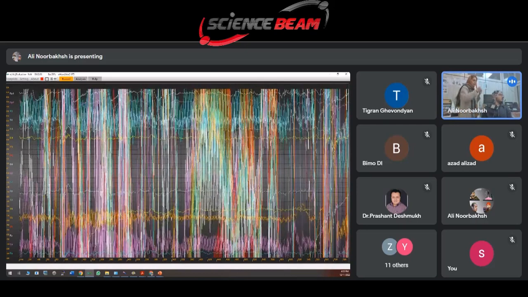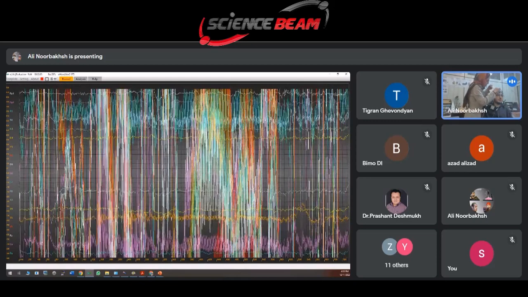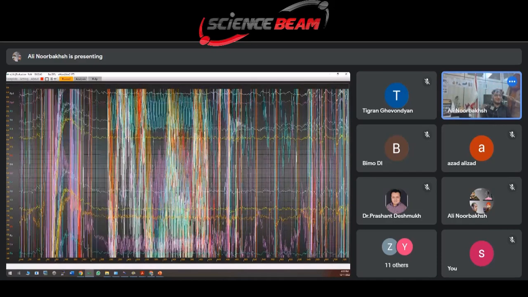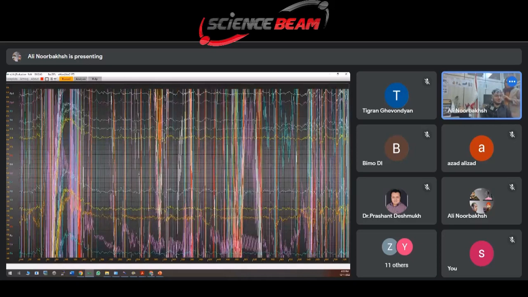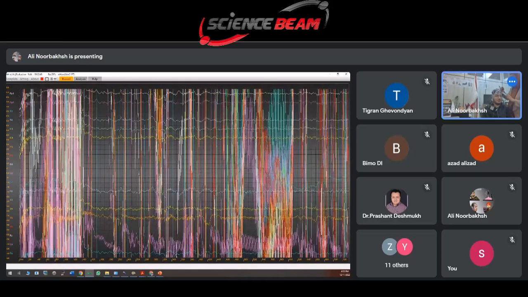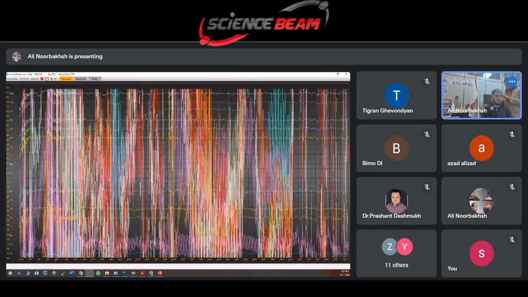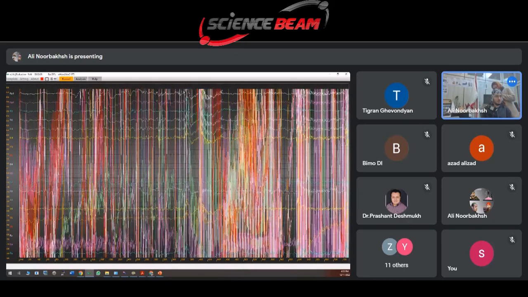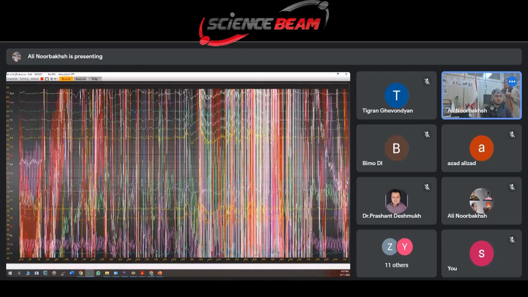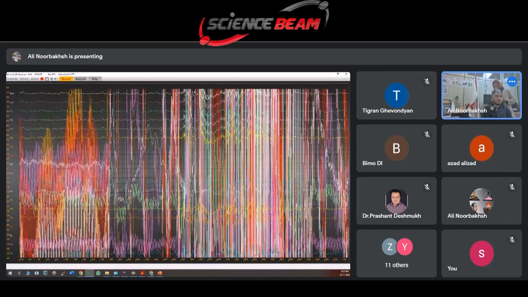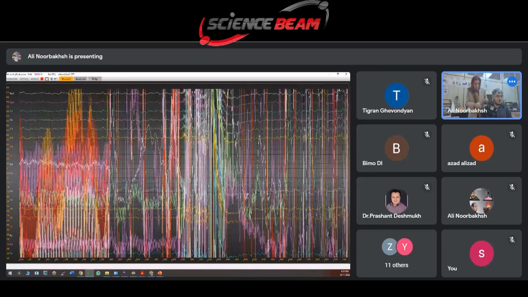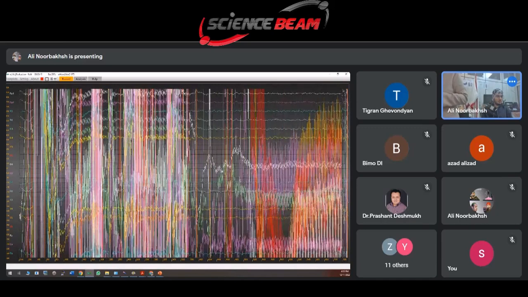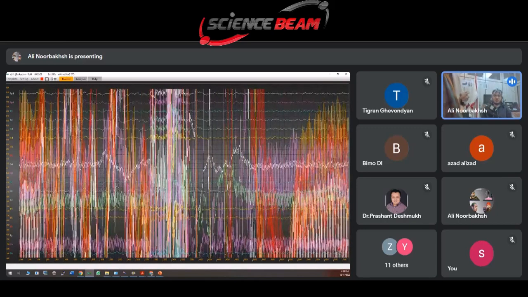FP1, FP2, F4, and F3. I should inject gel all of the point. Again, we need a gel.